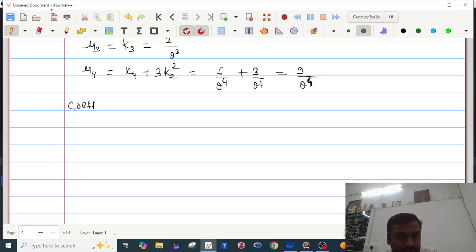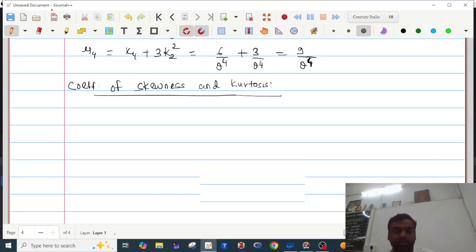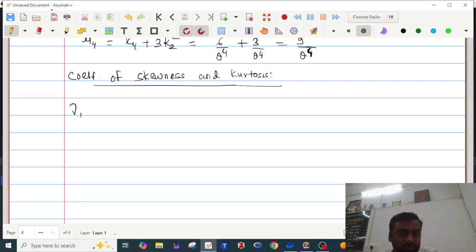Coefficients of skewness and kurtosis. The coefficient of skewness is gamma 1, which is equal to square root of beta 1, where beta 1 is mu 3 square upon mu 2 cube.